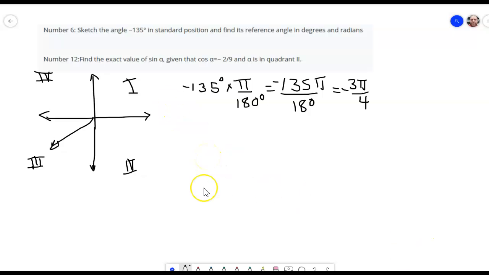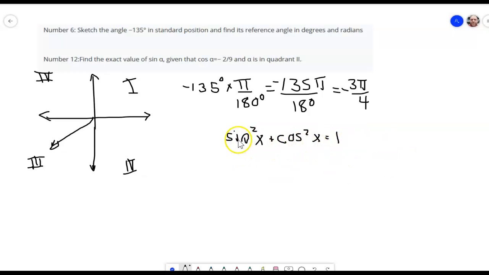They're going to use the Pythagorean identity, and that is that sine squared of x plus cosine squared of x is always equal to 1.